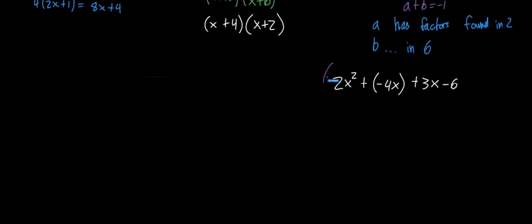Next, we would just factor these two separately. So we just group them up and factor these like any other polynomial. So that would be 2x squared minus 4x plus 3x minus 6.